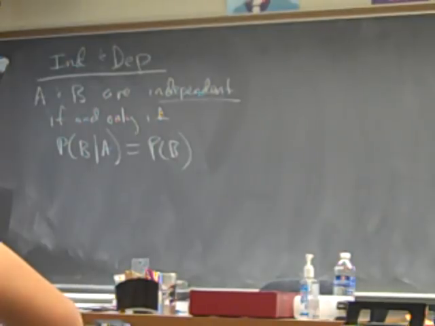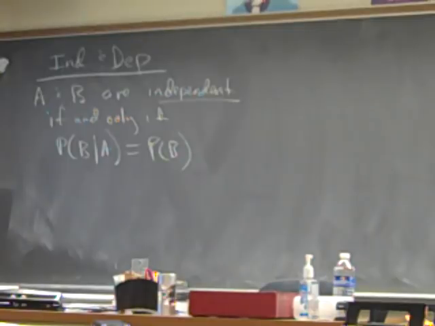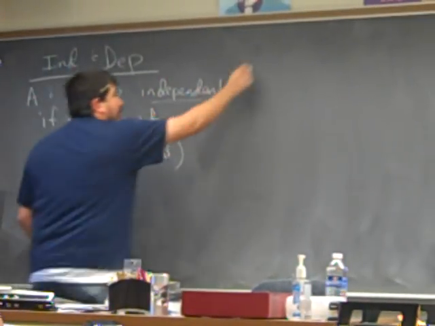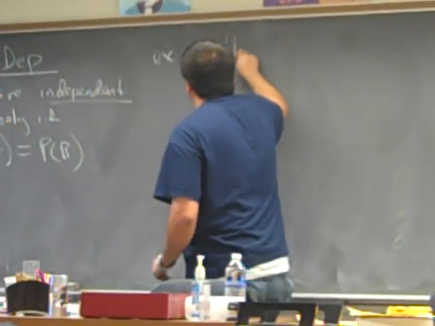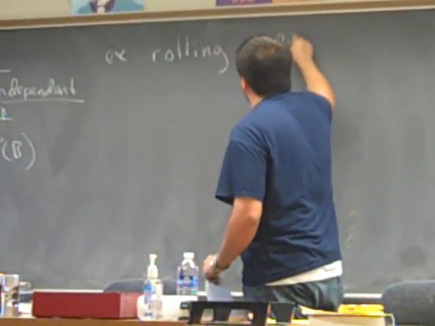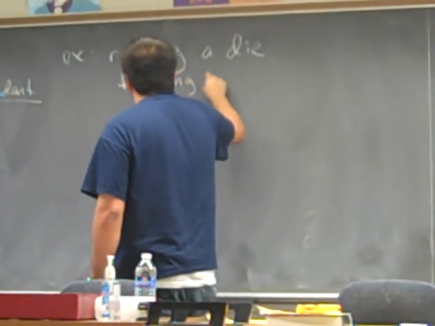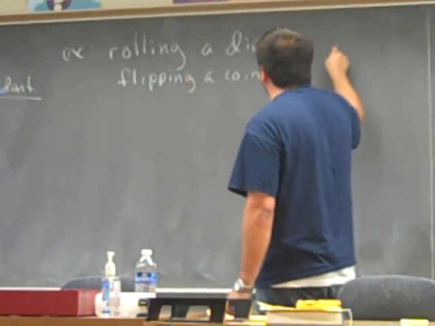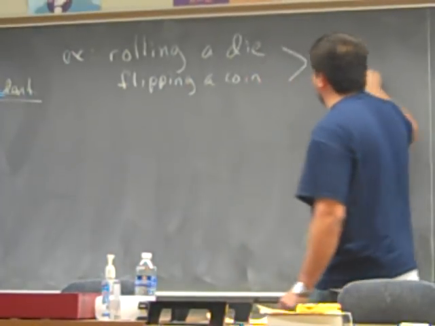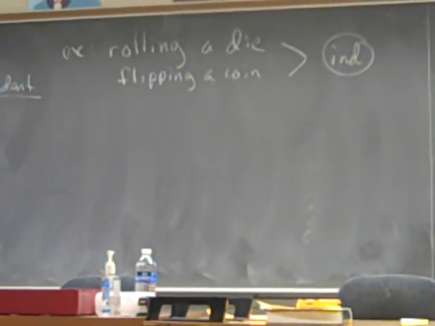Flipping a coin and getting heads versus tails will not affect the outcome of rolling a die. Neither will affect the outcome of the other.